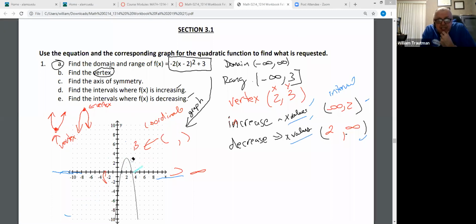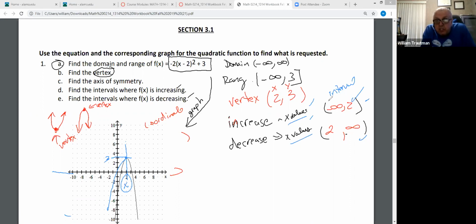Does that make sense? Is anybody still confused? When we say increasing or decreasing function, we don't care what value it is. Yes, that point is 3 on the y-axis, but it stops increasing at x equals 2. Do you see? This graph increases, but it stops increasing at x equals 2.